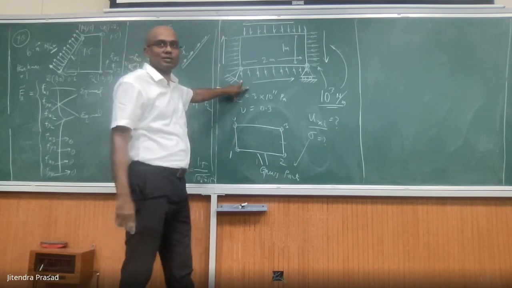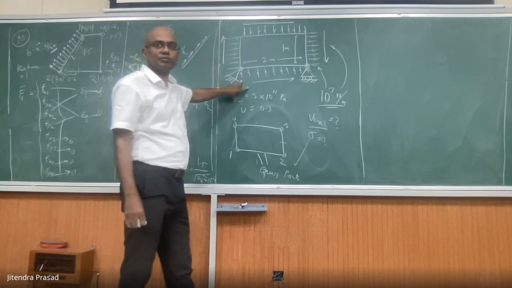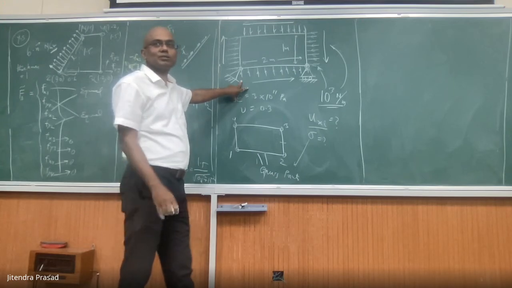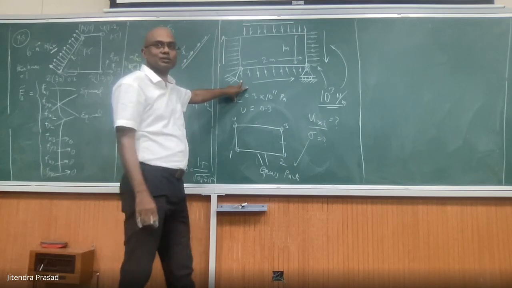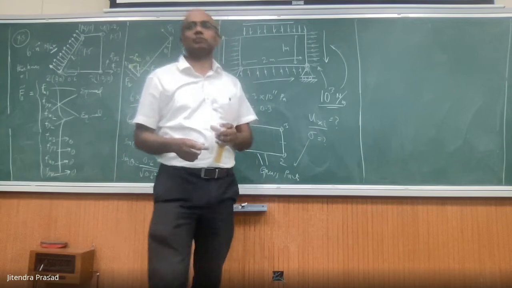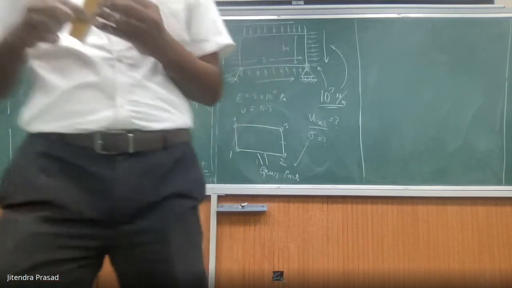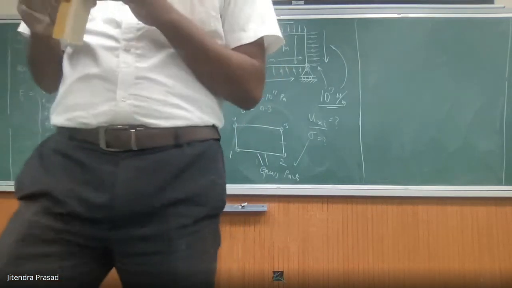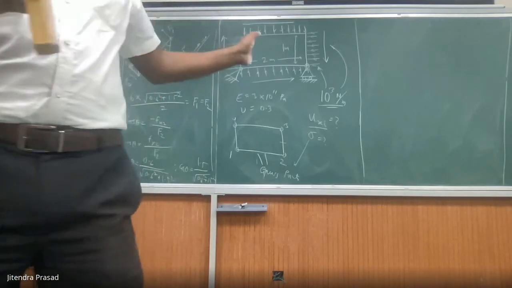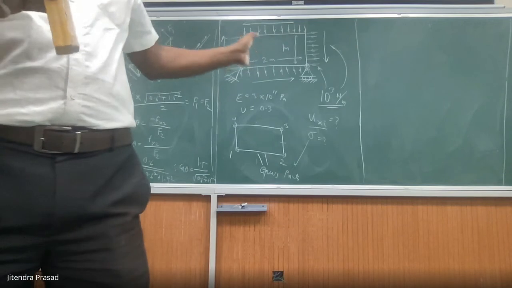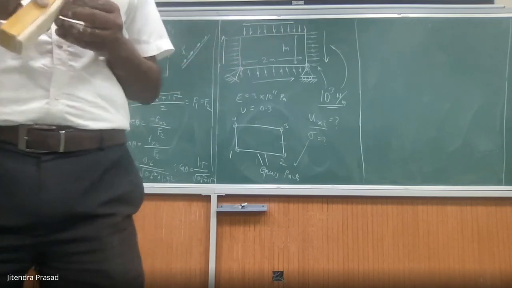So if we discretize into 4 elements, that's not the question here. Then assembling all of them will be difficult, and that will need programming. Right. Can you solve this for only one element? Can you solve it?